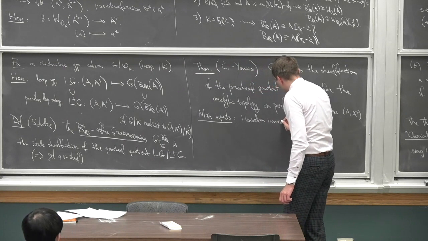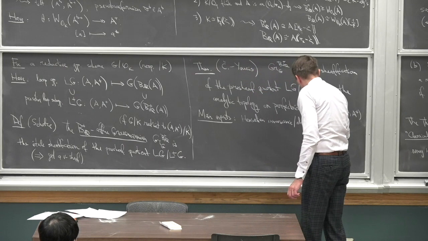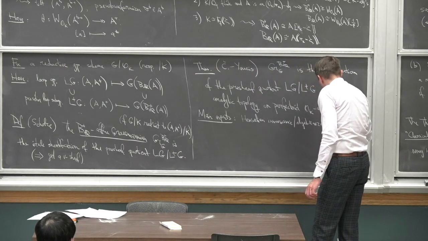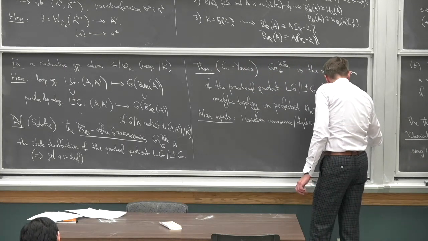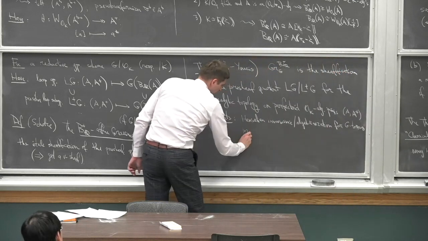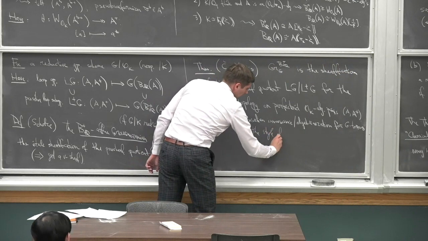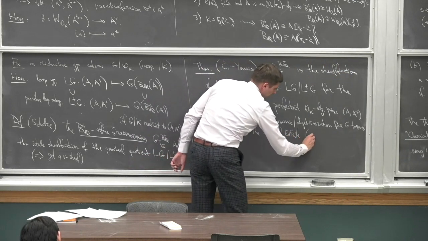Abelian invariance and optimization. But for G-torsors, kind of in the style of it, but this time not with respect to the Abelian pairs.